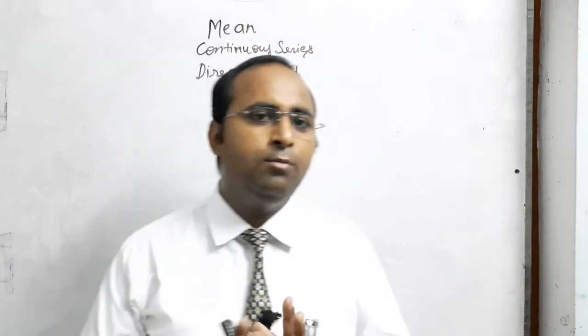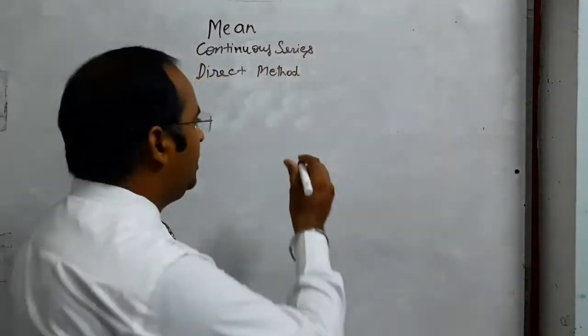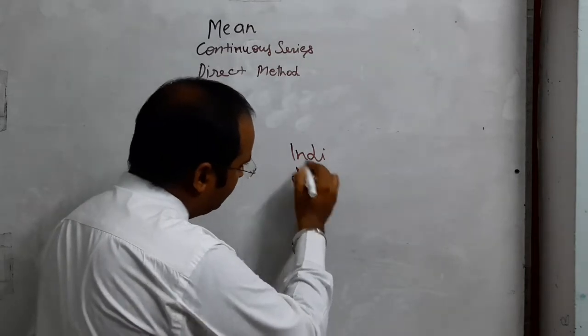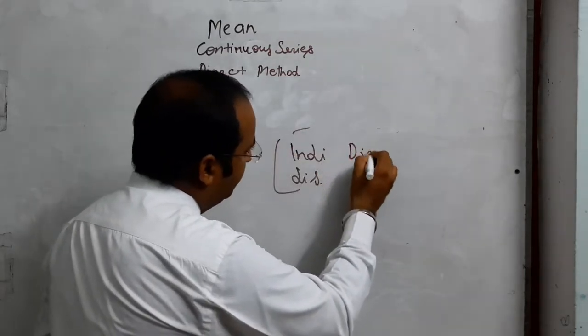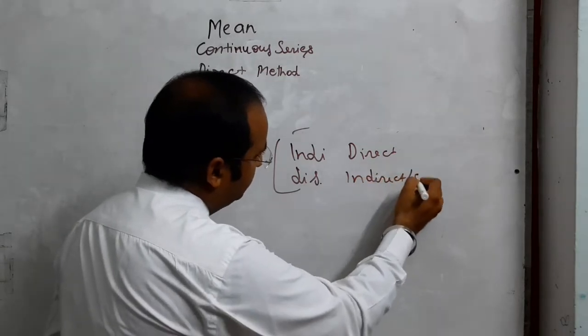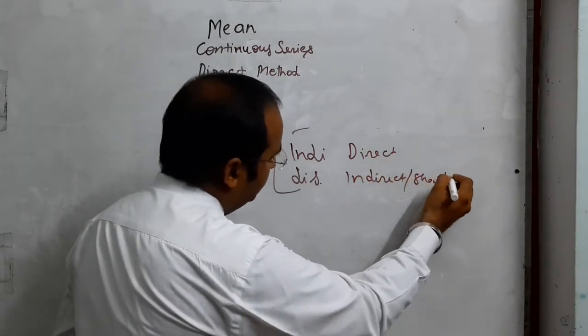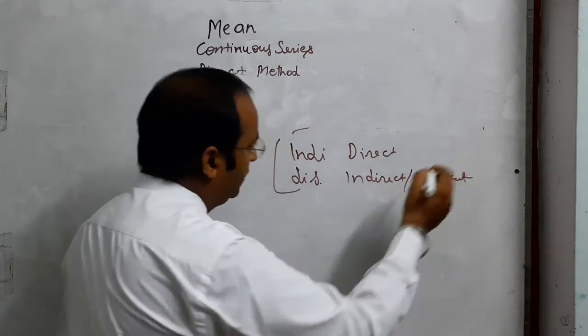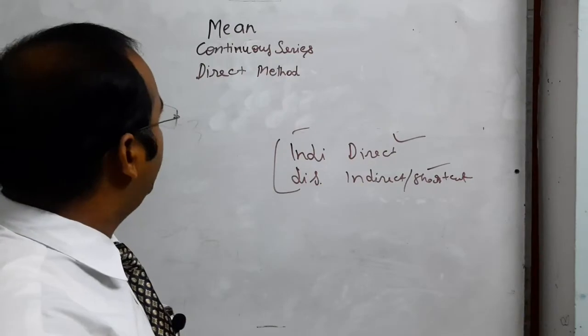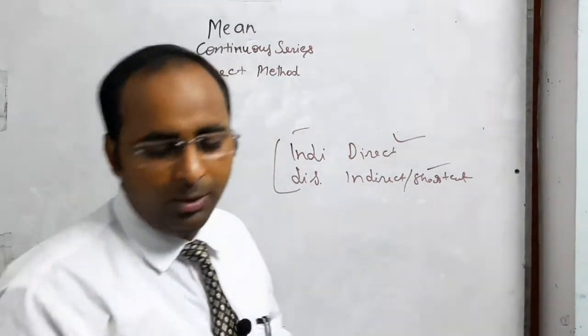I told two methods in individual and discrete series: direct and indirect, which is the shortcut. But in continuous series we have three methods.